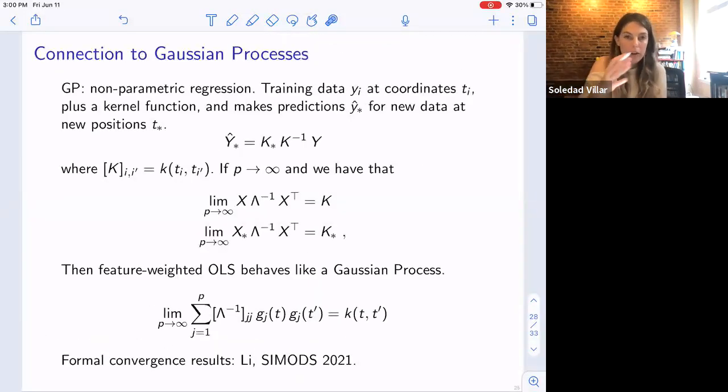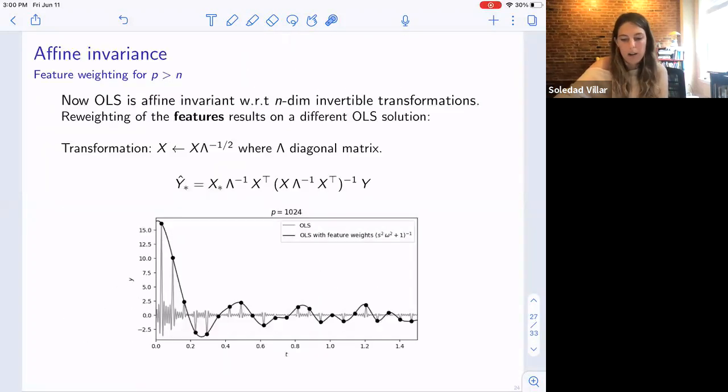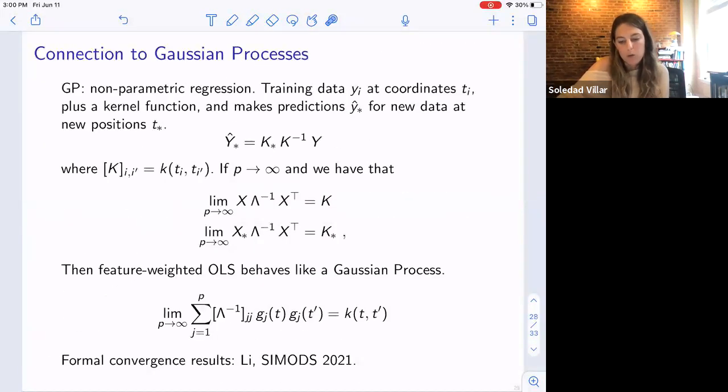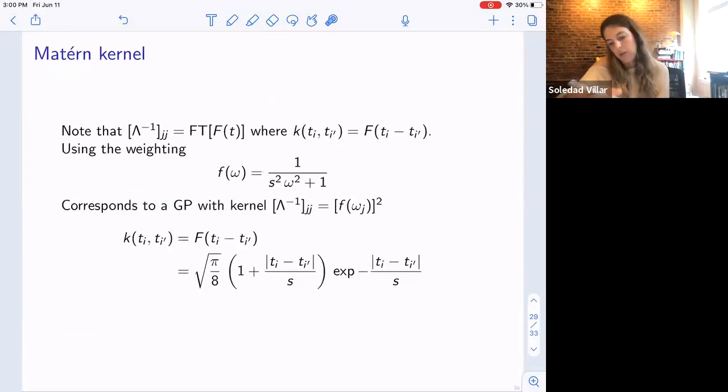The choice of how you reweight your features is related to using a kernel for your regression. In particular, the way of reweighting my features that I chose here corresponds to using a kernel called the Matérn kernel, which is widely used in Gaussian processes.